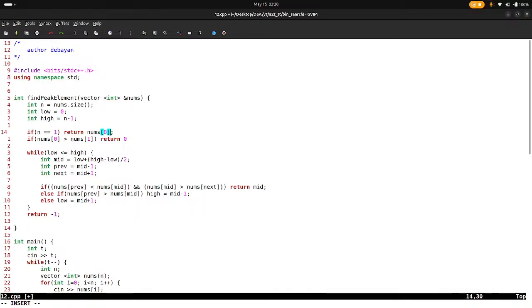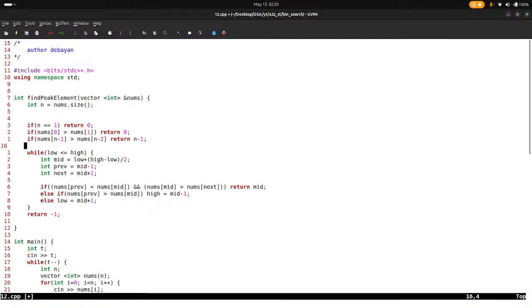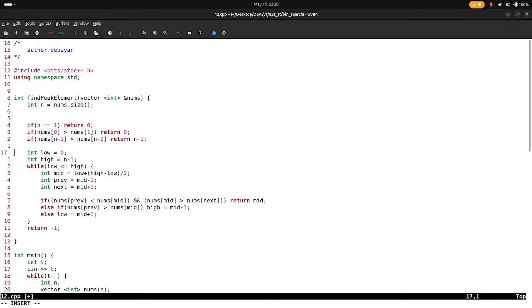So return 0, and same thing, if nums of n minus 1 is greater than nums of n minus 2, also return n minus 1. Right here 1, and here 2.